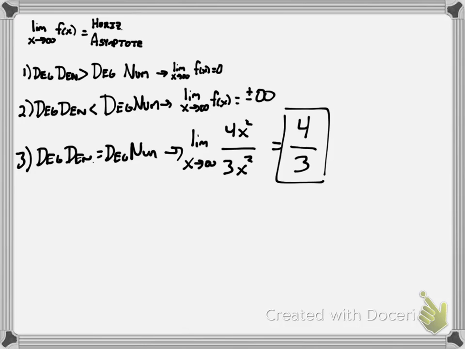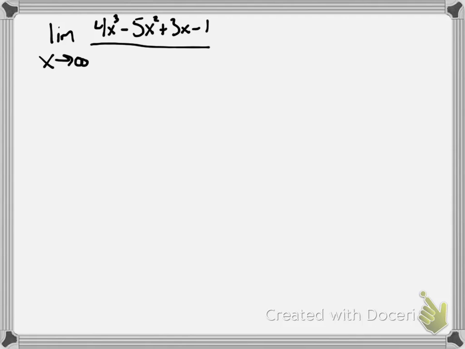Let's consider another example along these lines. Let's consider the limit. This will be example 13. As x approaches infinity, so I see that, and I'm already considering there's only 3 possible things here. 4x cubed minus 5x squared plus 3x minus 1 over 5x cubed minus 7x minus 25.